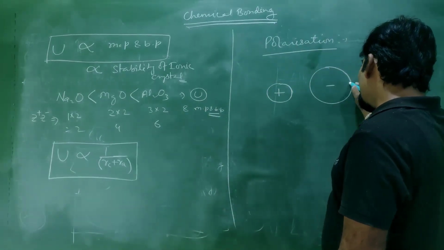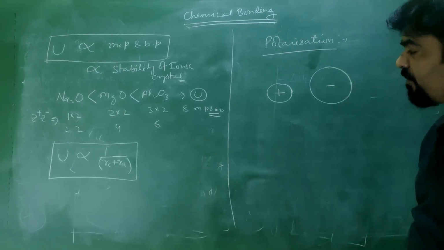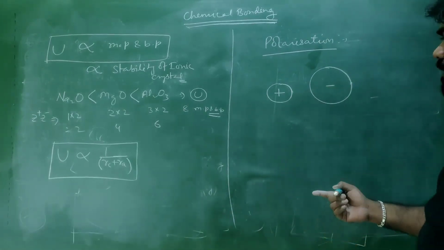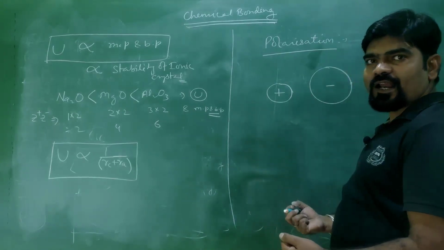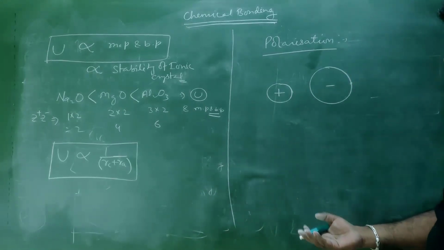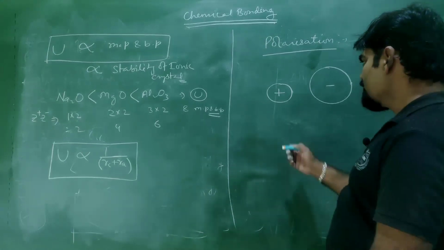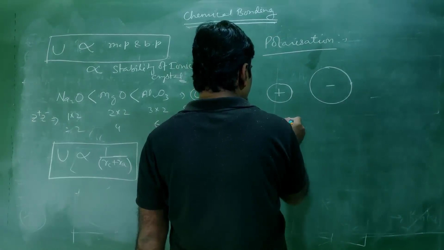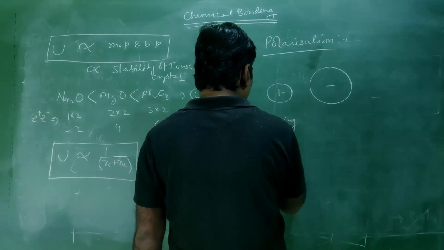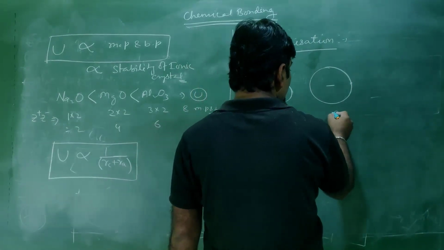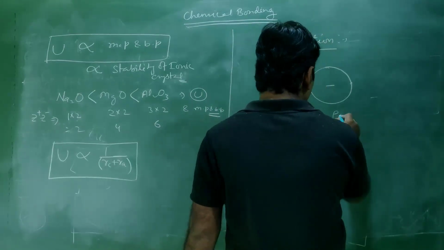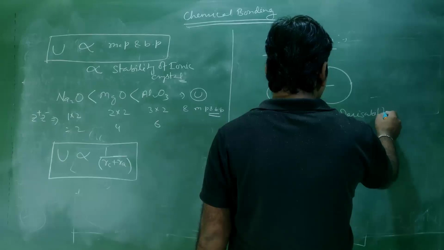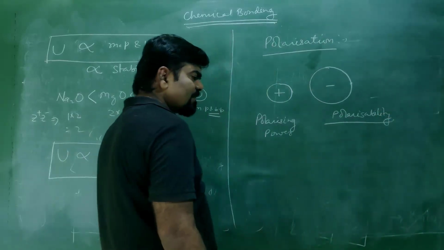At the surface of the anion, the residual nuclear force is very small. If the residual force is very large, they will have a large force of attraction, and they will have a tendency to attract the electron cloud towards themselves. So the cation possesses polarizing power. The anion has a tendency to get polarized, that is, it has polarizability, the ability to be polarized.